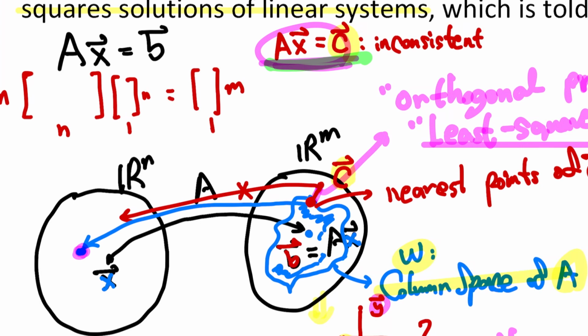However, in practice, there are frequently cases where Ax equals c doesn't have any solution. This is called the inconsistent case. In this case, we cannot find the exact solution of this system, so what I can do is to find an approximate solution of Ax equals c.